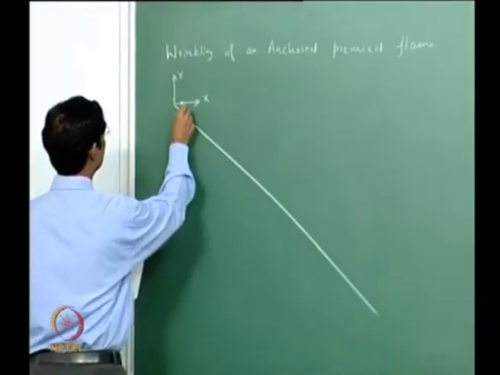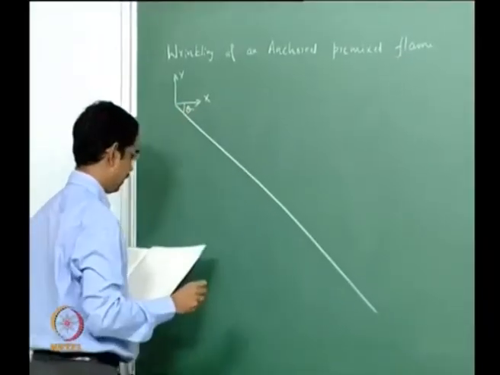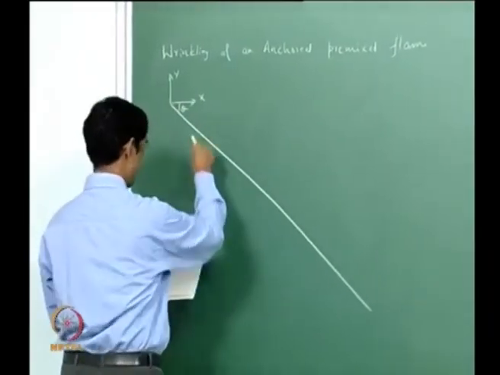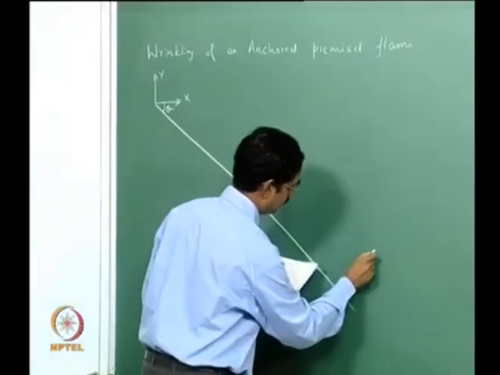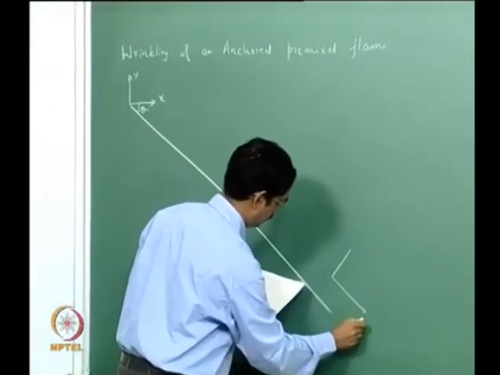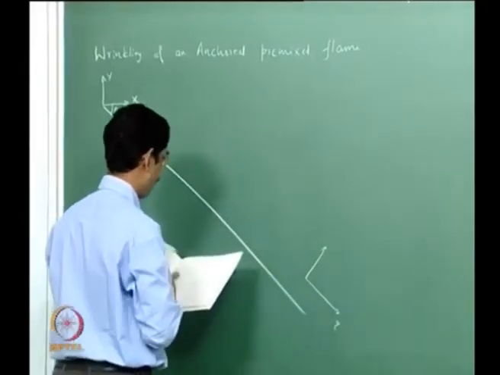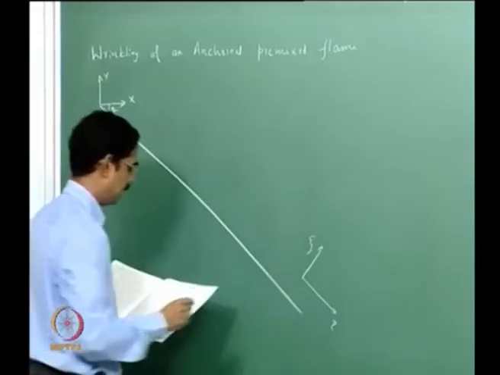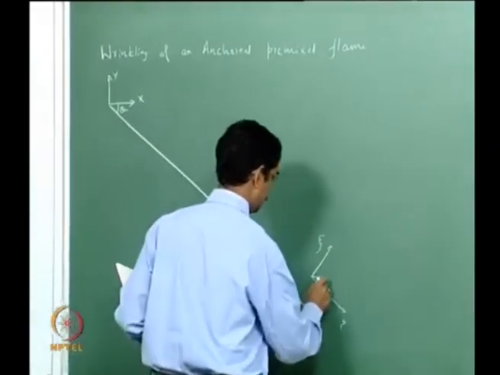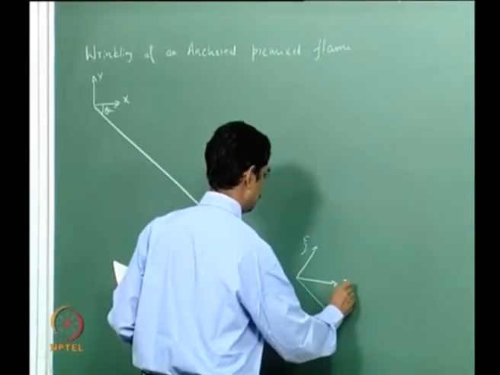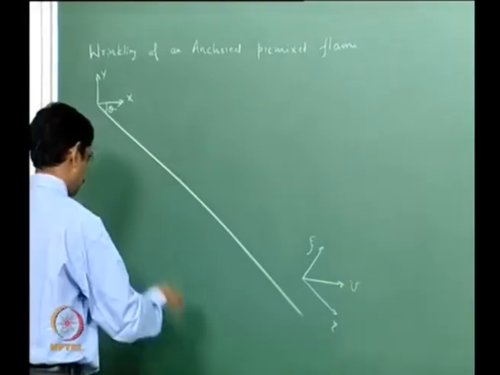So we will call this angle theta. So this is our lab coordinates. For convenience, we will also have another set of coordinates which is eta and psi, and let us say this is our flow velocity.